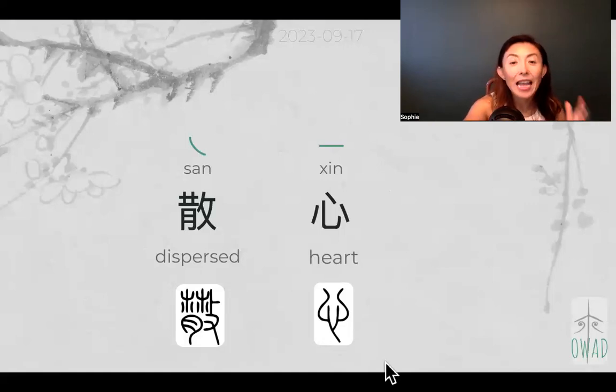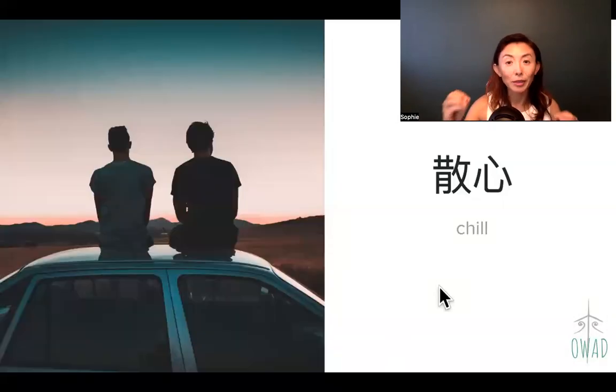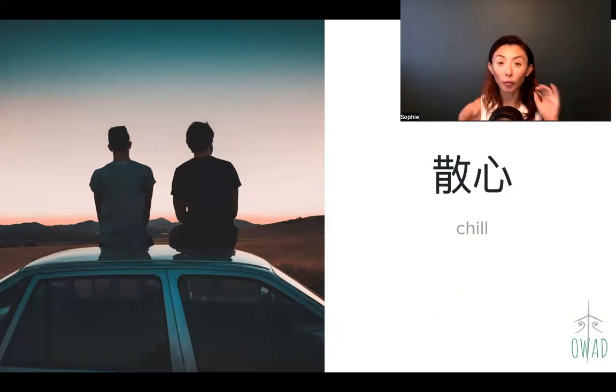What does that mean? 散心 in Chinese means chill. Just like 散 in the last episode talked about diffuse, it could be diffused attention. So heart here is different from attention, because attention means intelligence. You're looking at the problem, you're focused, right? But the xin here means emotion.